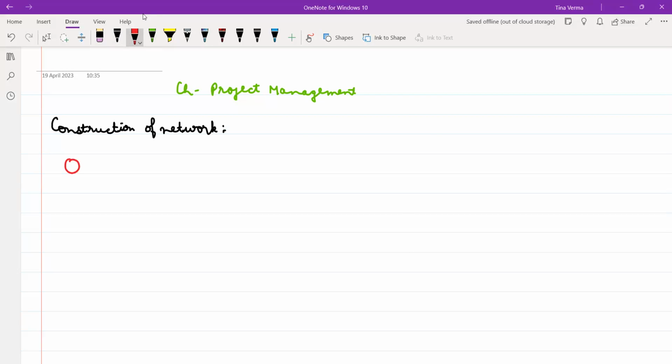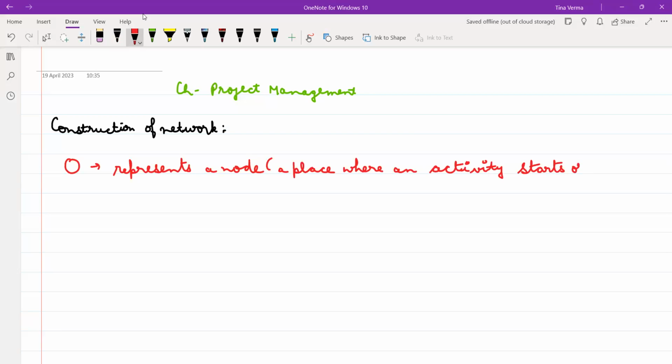So the circle represents a node. A node means a place where an activity starts or ends.